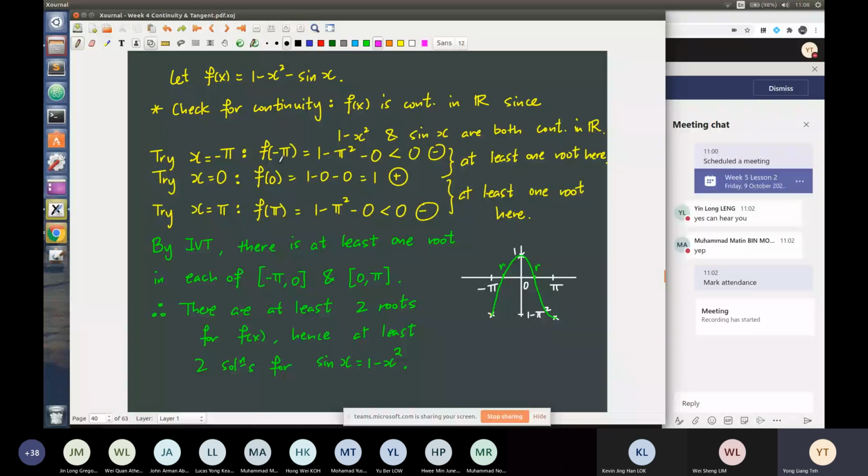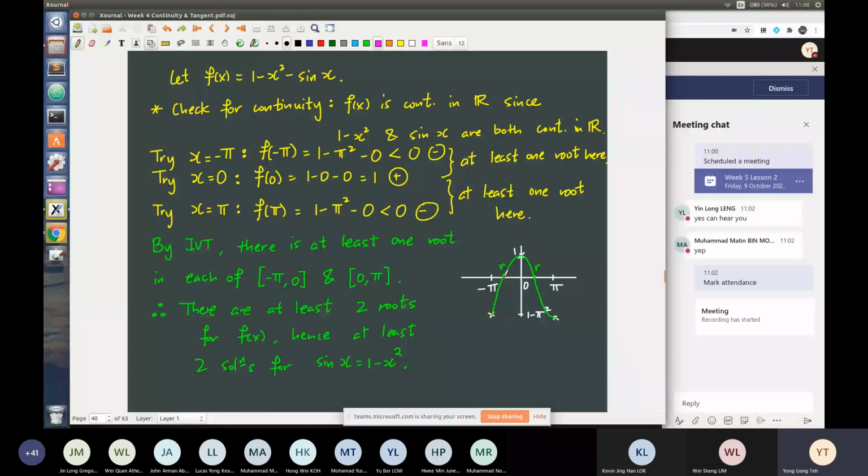But before we do that, we apply the IVT to search for the interval where at least one root resides. We found that there is a transition of the function value from negative to positive over minus pi to 0. As you see here, it passes through the x-axis, giving us a root there.